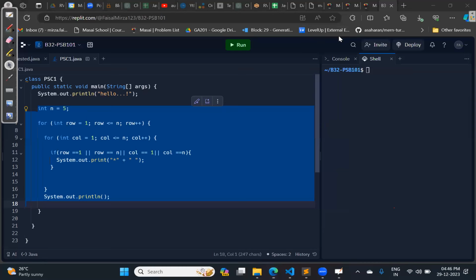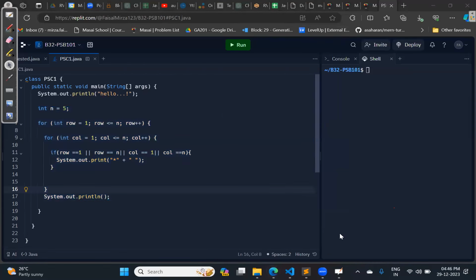Now, let me change the problem statement. So what I want is to print a C pattern. C in the sense 1, 2, 3, 4, 5, spaces are there as well. Okay. This C pattern I want to print. What can I do?